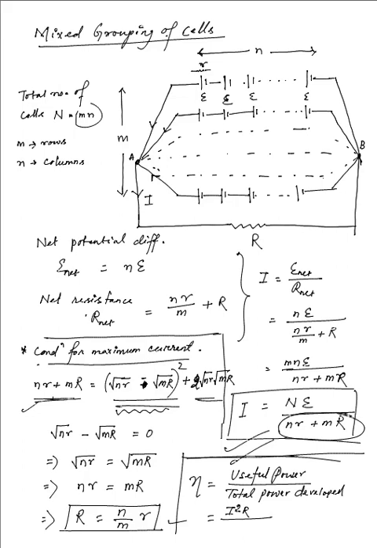This is divided by the total power developed across the external circuit as well as the internal resistance in the cell, where the current is obviously the same because of the series combination.